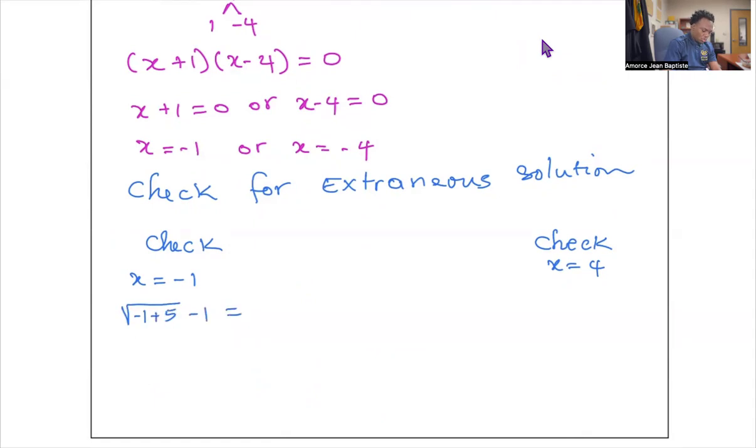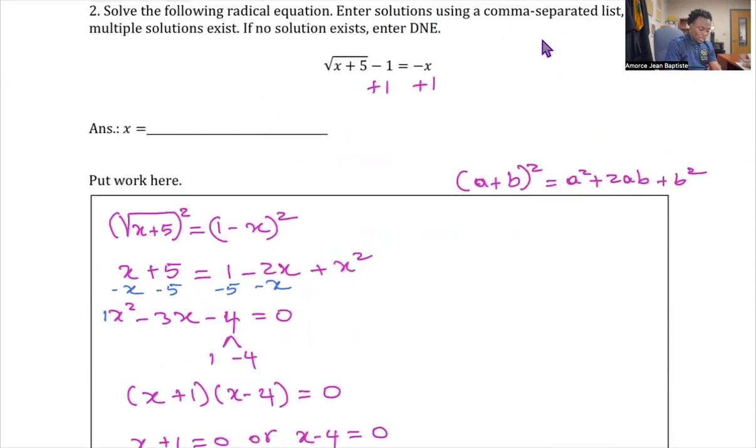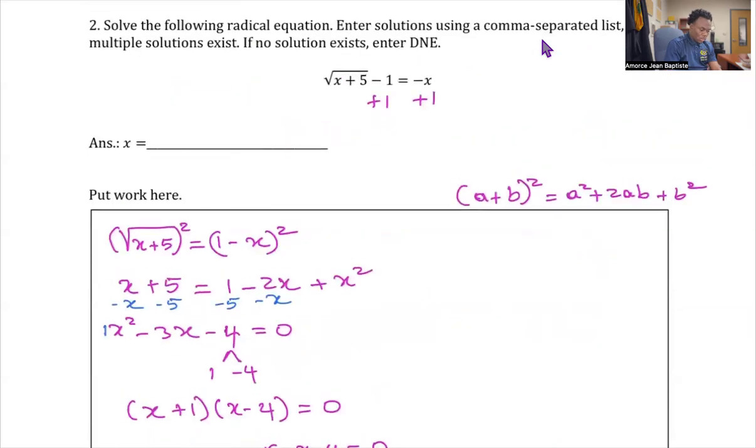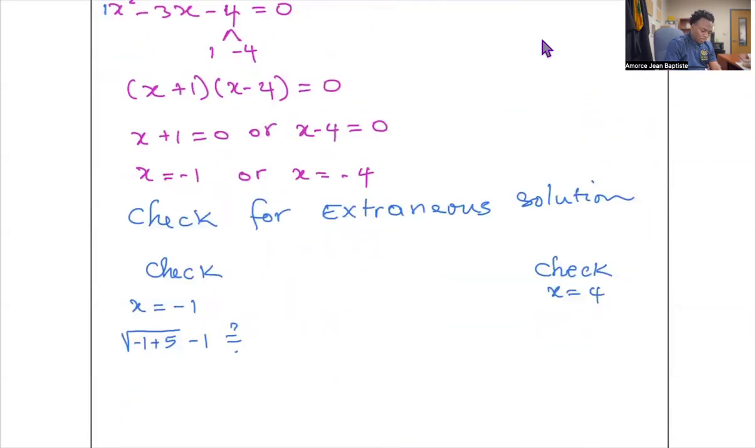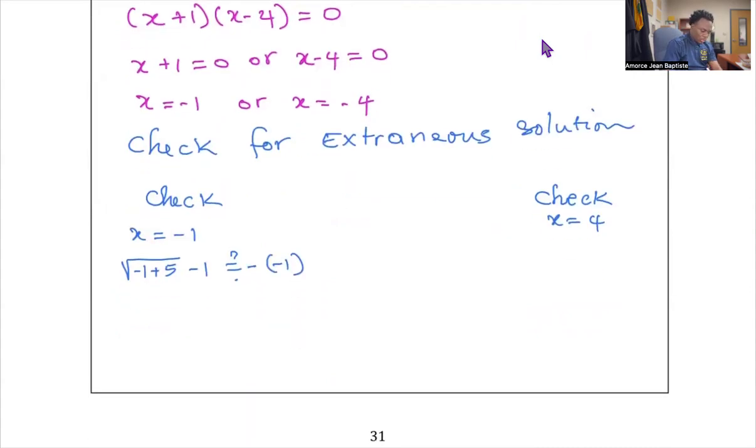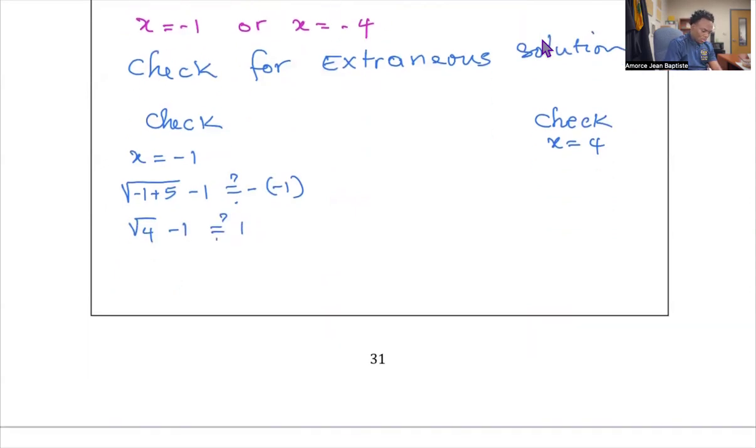Is it equal to... So that's square root of 4 minus 1. Is it 1? So we have square root of 4, that's 2, minus 1 equals 1. So 1 equals 1.